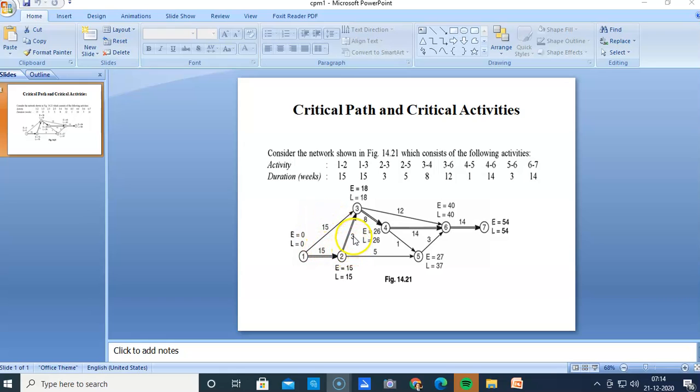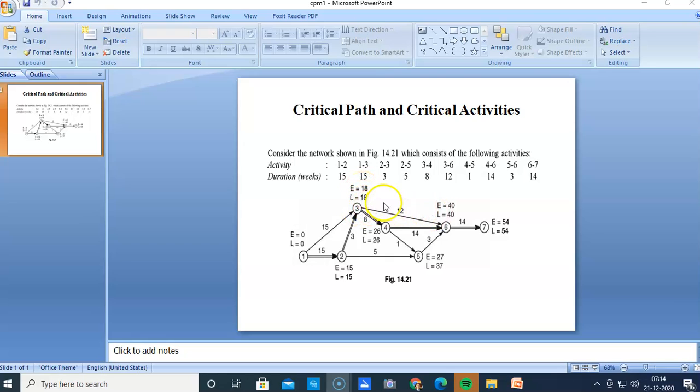So we take the maximum of the durations along the different paths reaching the same node to determine the earliest start time for that node. So here 15 and 18, the maximum is 18, so the earliest start time for the activities starting from node 3 is 18.